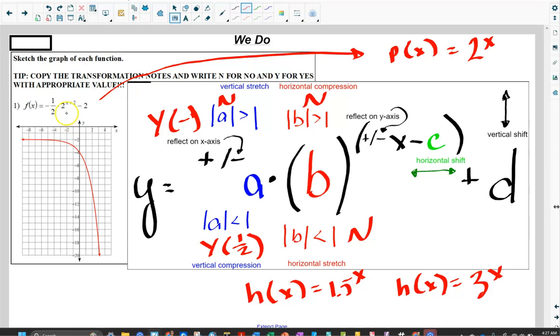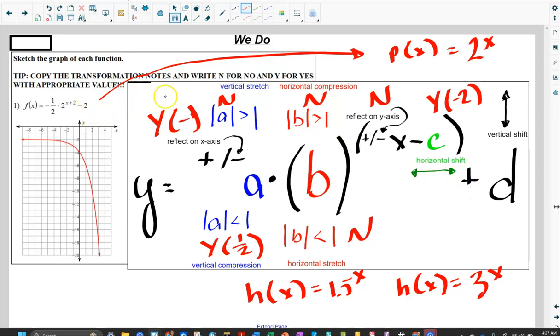Reflection on y-axis. I'm looking for a negative here. I don't have it, so it's a no. I do have x plus 2, which should be x minus negative 2. Be careful. So it's going to be a yes here because of what? Not a 2, a negative 2 for c. And then D. D is not a 2.